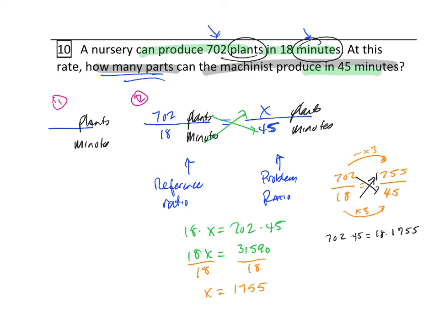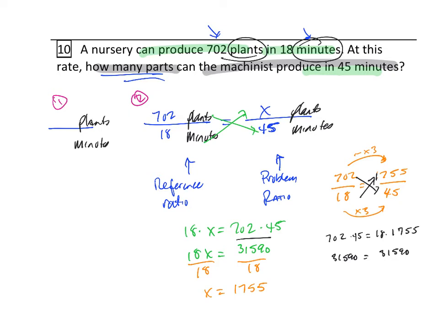So I'm going to take 18 times 1755, which is 31,590. I already did this math, so I know this is 31,590, but I'll double check. It works out, so I know I have the right solution.